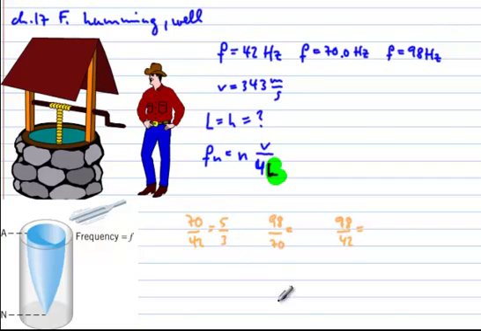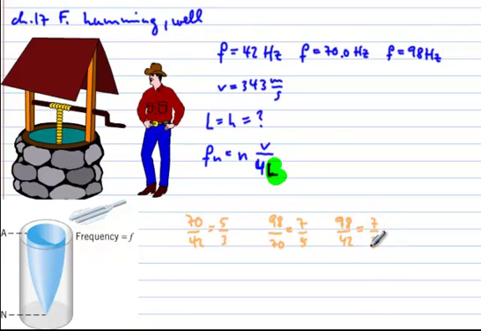That is already enough information, but let's just go on. This one is also divisible by 7, so that's 14 divided by 10, respectively 7 over 5, and this one divided by 7 is 14 over 6, so that's 7 over 3.